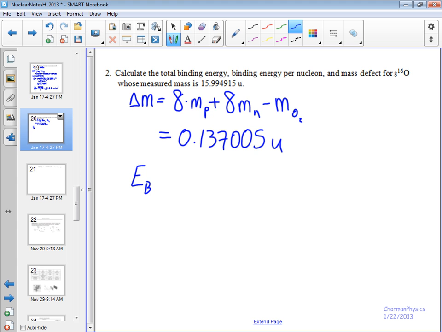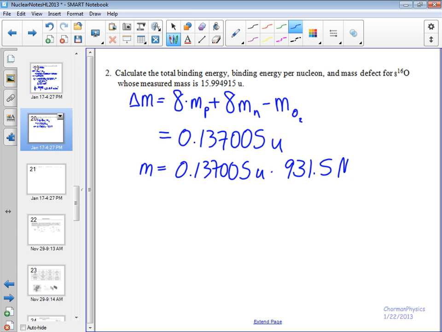Okay, when we find the binding energy, follow the same process on the previous page. But again, actually here, let me show you this really quickly. You want to convert this as a mass unit, all right? So this is your mass here. Your mass conversion factor here.